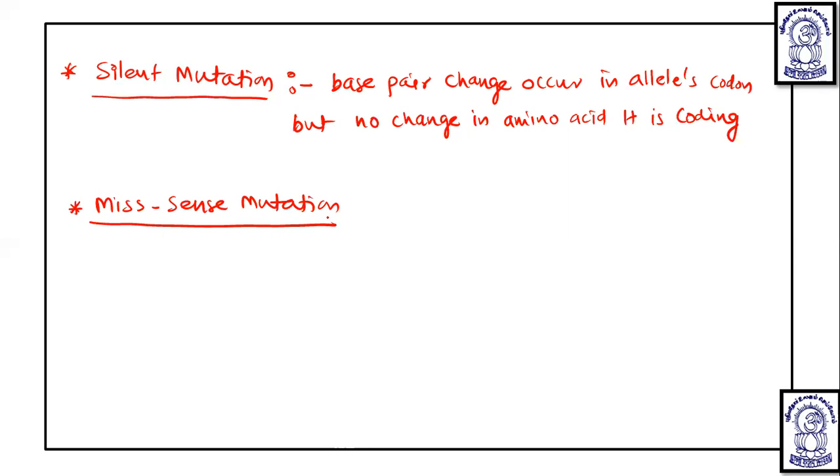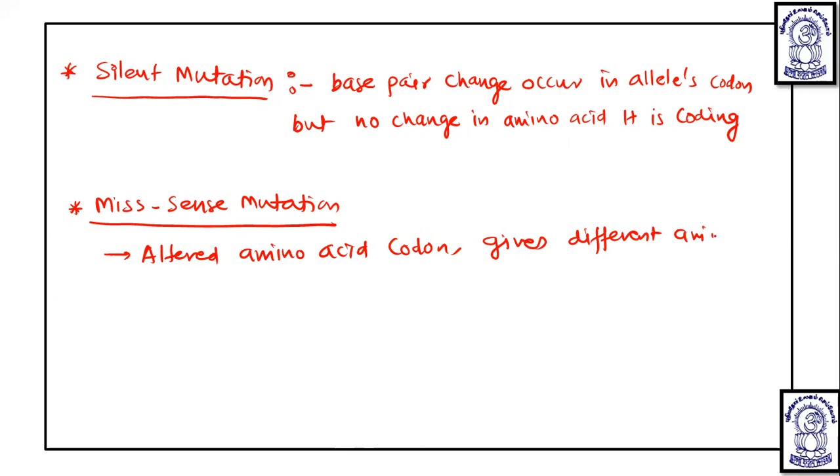Because in missense mutation, an altered or changed amino acid codon gives a different amino acid in protein.